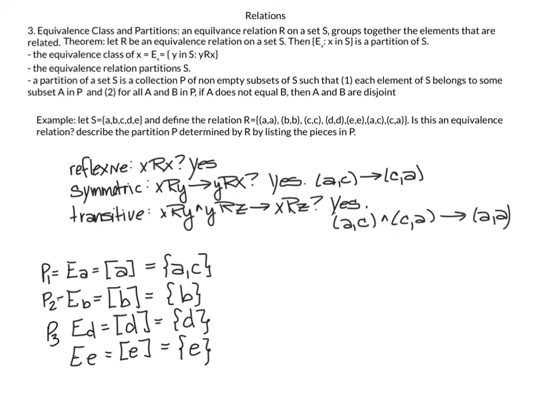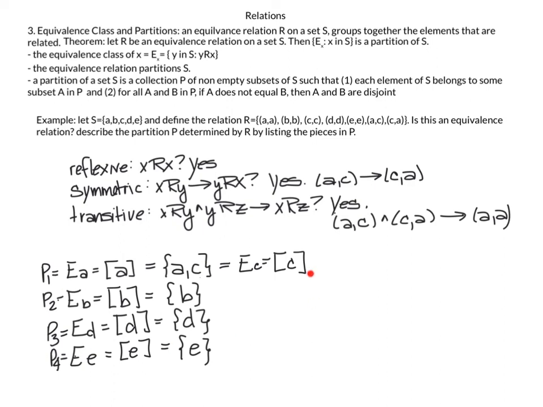P3 is going to be, we don't need an EC, because I could have also denoted this as the equivalence class of C, so that's already done. ED is just everything related to D, which is only D, and EE, the fourth partition, is everything related to E, which is just E.